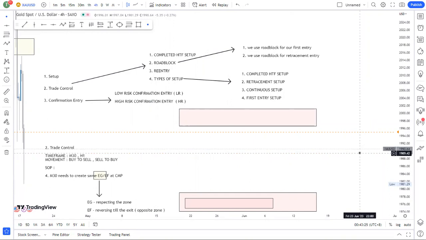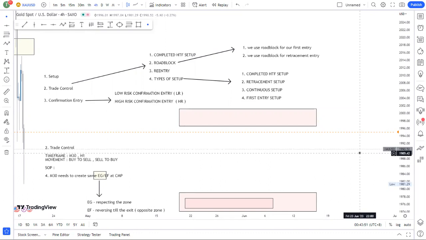Same goes for confirmation entry and trade control: we have the trade control zone, the price gets into it, and then we find the confirmation entry. Same SOP, totally the same. So the thing that we do on 30 minutes, we will do on a lower time frame. Yes, exactly.